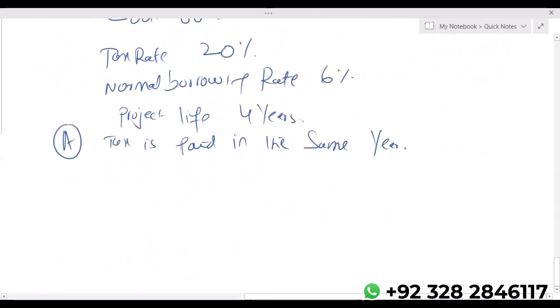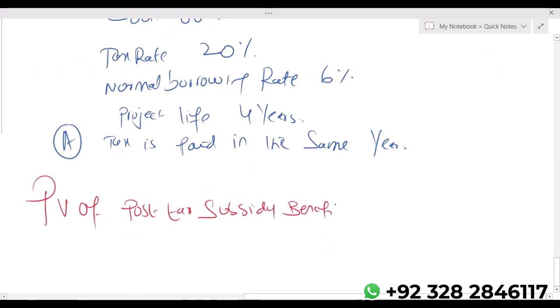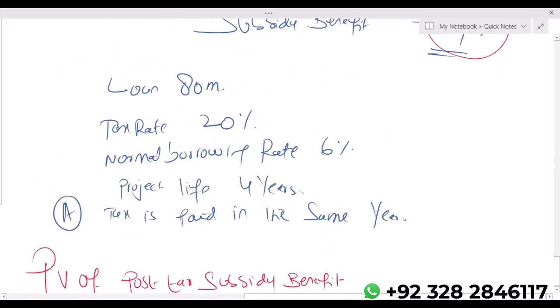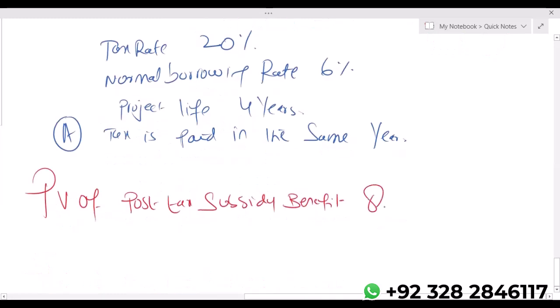Now, please check how we will calculate. Present value of post-tax subsidy benefit. The loan amount is 80 million.